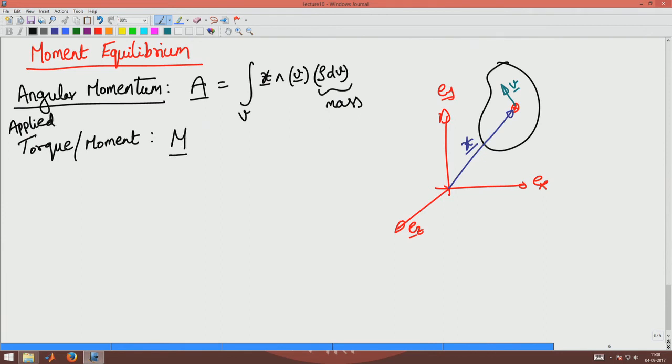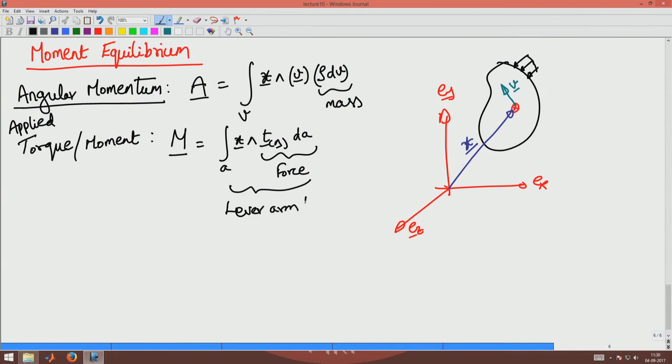Let us denote it by m. If I have a distributed contact force acting over the surface, that torque is going to be the integral of x cross T's of n dA, where x is the lever arm times the force, because moment is r cross f.